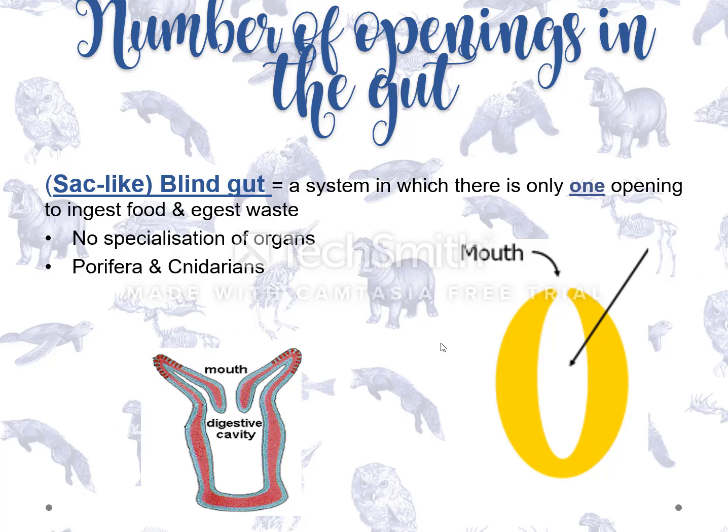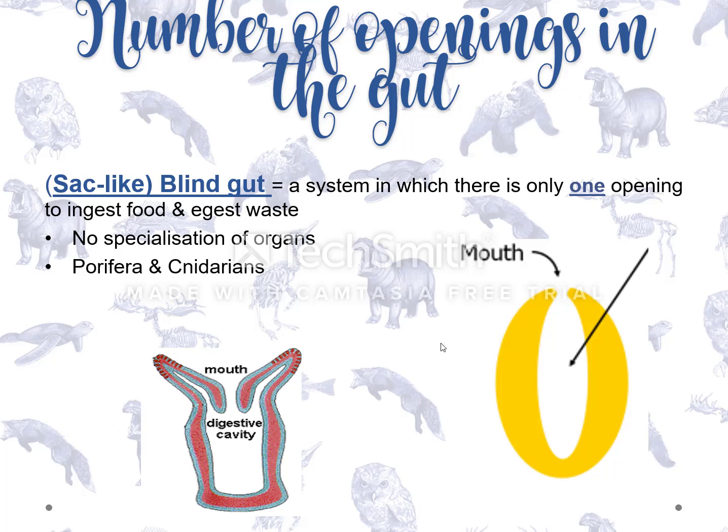Now, when we talk about the gut of an organism, we can talk about a blind gut or a through gut. Now, a blind gut means that there's only one opening in the gut. To put a nice pretty picture in your head, that means that it's not the same as the digestive system that you have.